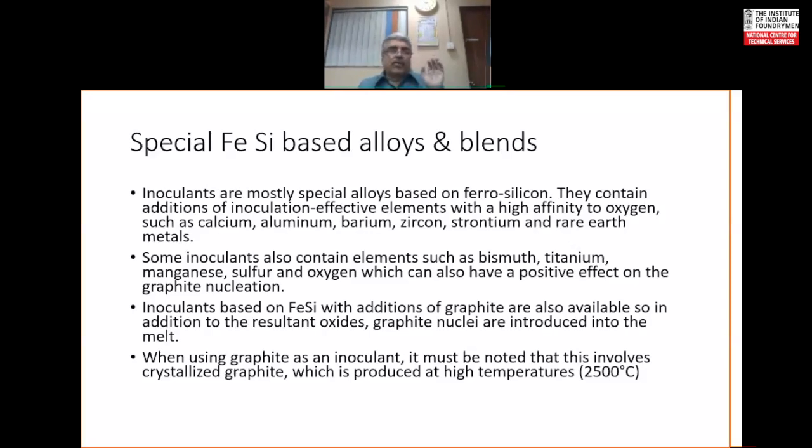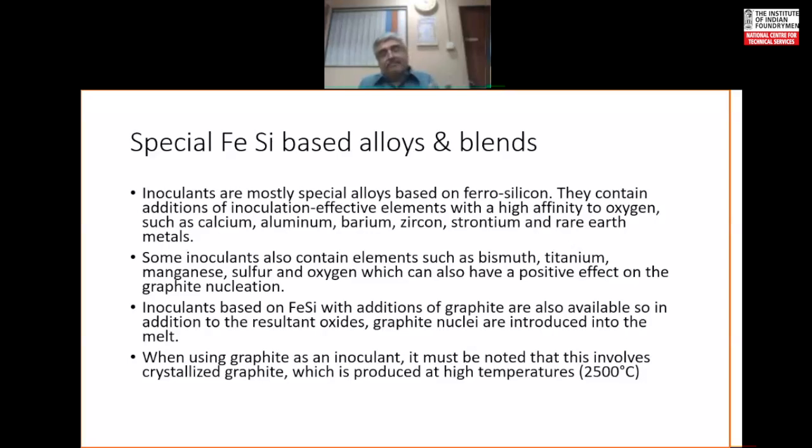Only one word I would say is that most of these good ferrosilicon based alloys, using a variety of these other elements, would be produced in submerged arc furnaces, and one needs to have excellent control over the operation of this furnace to get the right chemistry of these alloys, as well as the right kind of casting technique, because these inoculants are also cast as slabs. They are then cooled and crushed to the right grade.